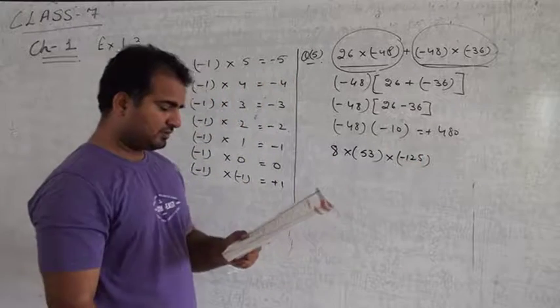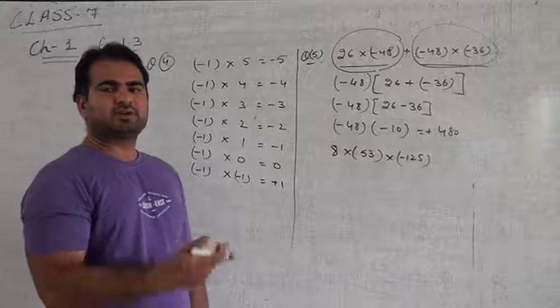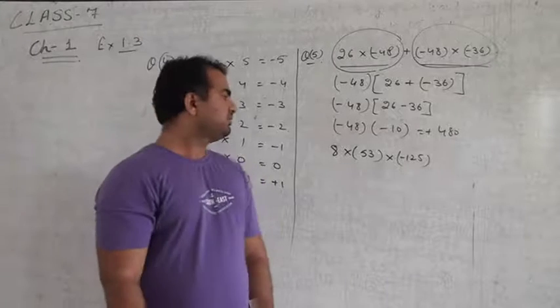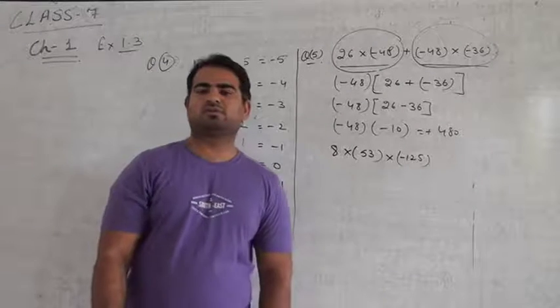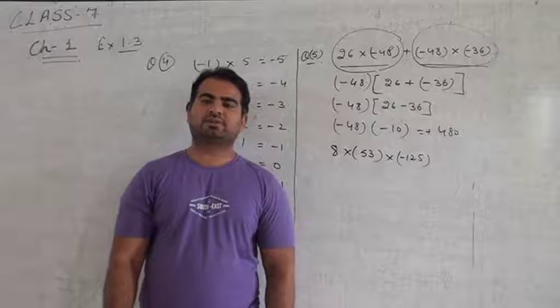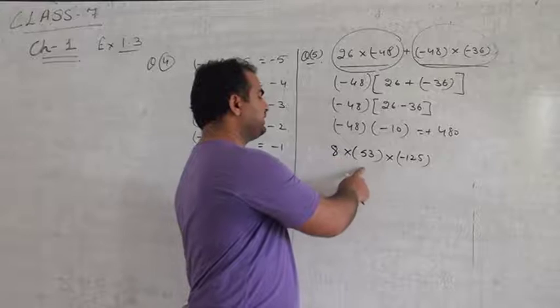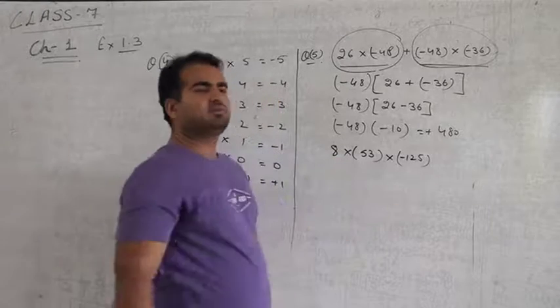Done? Okay. So what we must know is, I can find the answer directly, but you must know by multiplying which numbers the answer will be quickest. I know all of you can multiply first 8 into 53 and 53 into 125.